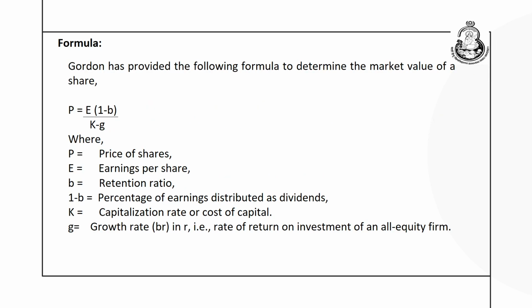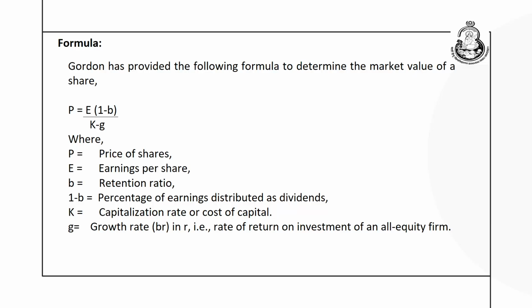Now, the formula given by Gordon can be seen as: the market price of the share is equal to E, that is the earning of the company, times 1 minus b. 1 minus b here is the fraction of earning which is not retained by the company.